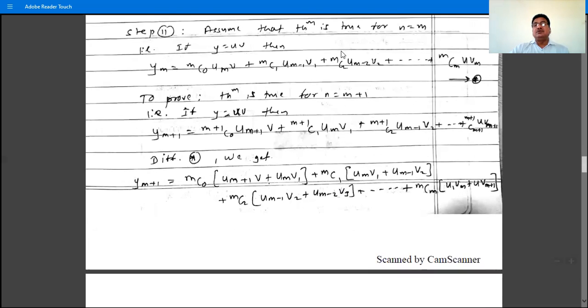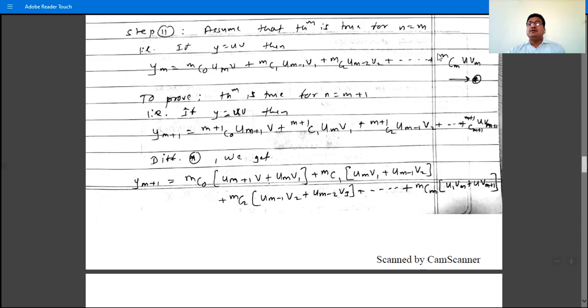Similarly for mC2, take the derivative of this quantity. First take the derivative of u_(m-2), which gives u_(m-2+1), that is u_(m-1), v2 as it is, plus u_(m-2) as it is, and the derivative of v2 is v3.